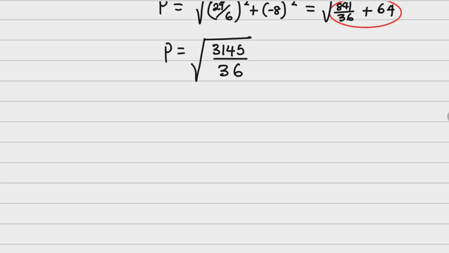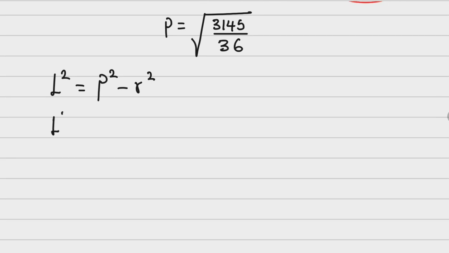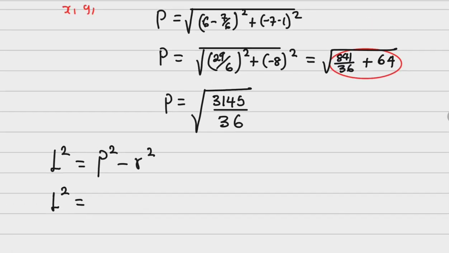Now remember, we said that L squared is equal to P squared minus R squared. Now we have everything. So my L squared will now be, of course, if I want to talk about P squared in this case, P squared is just 3145 over 36.